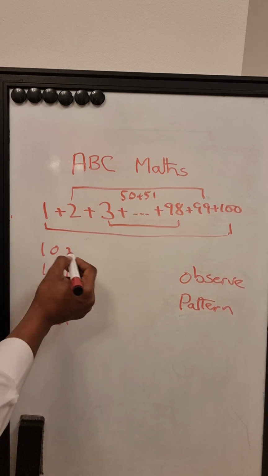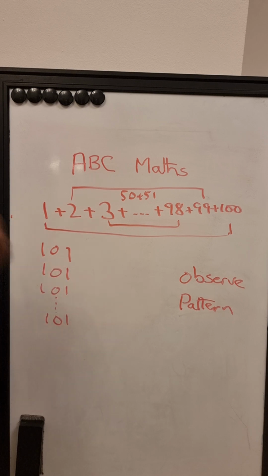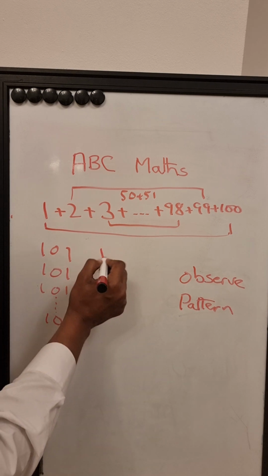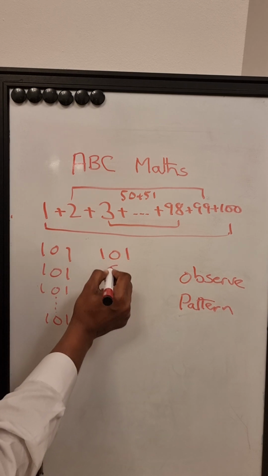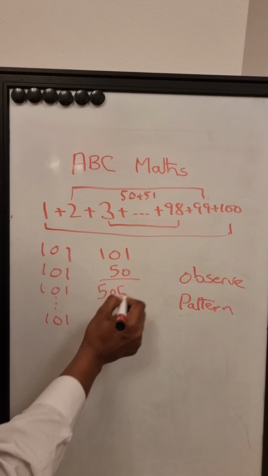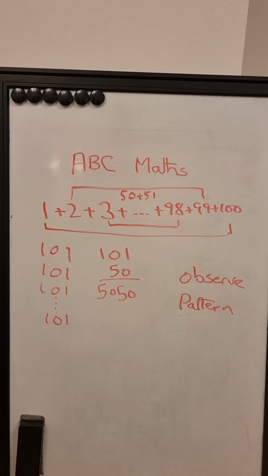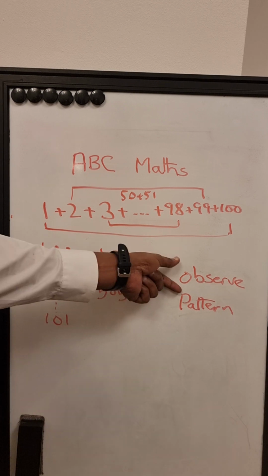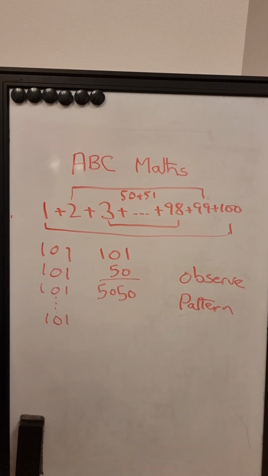And that makes 101 plus 101 plus 101, 50 times. And that's exactly like saying 101 times 50, which is 5050, which is the right answer. So what exactly did that student do? He observed a pattern.